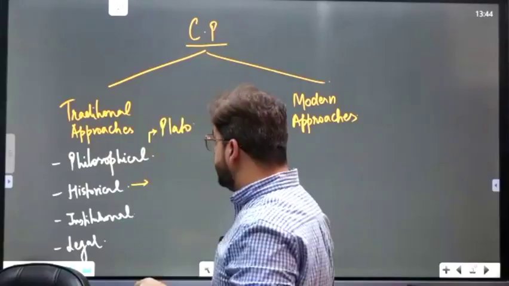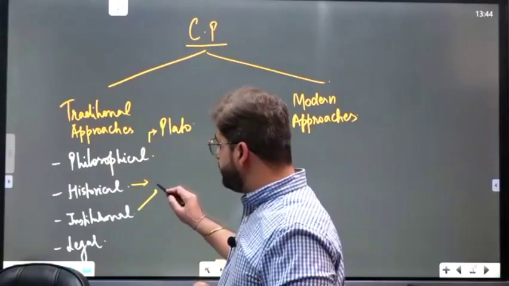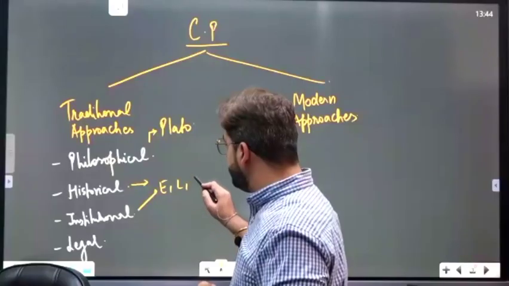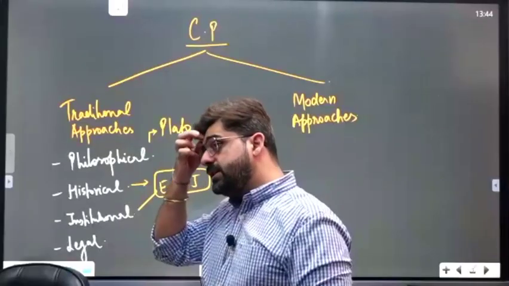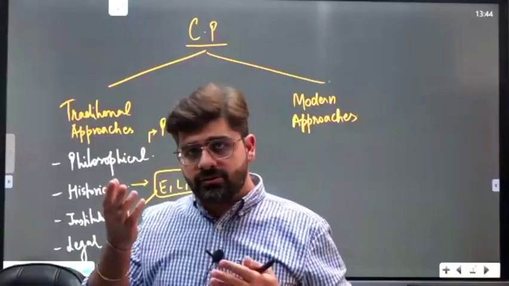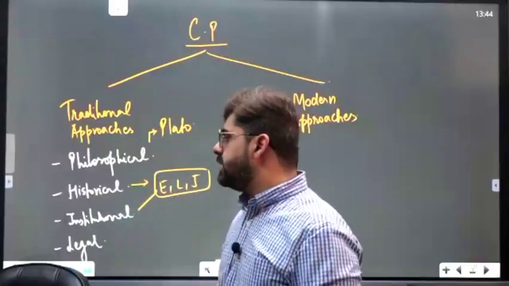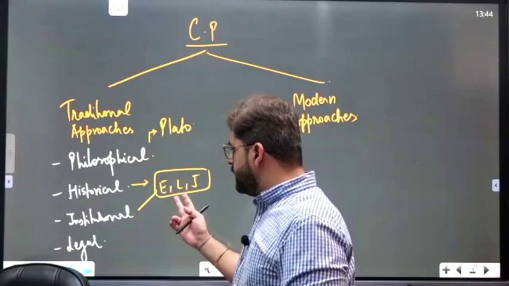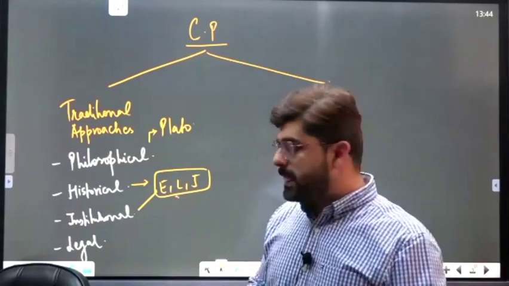You tell me. So I have historical approach, institutional approach, study of executive, legislature, and judiciary. Very simple. Here you study how the executive wings of countries work, how the legislative wings work, how the judicial wings work. So you try to understand the rules and regulations which are influencing these institutions.